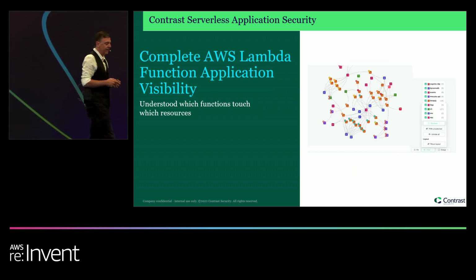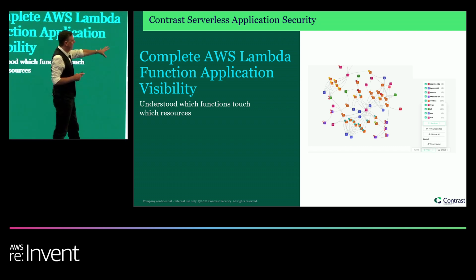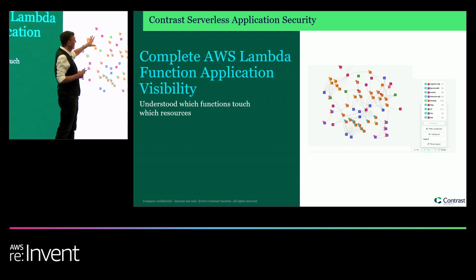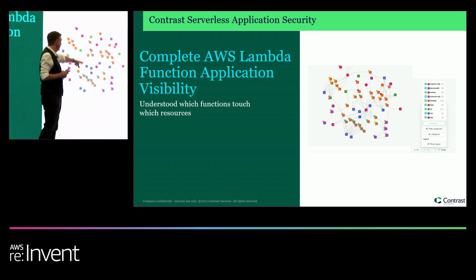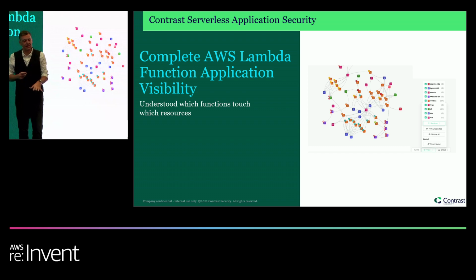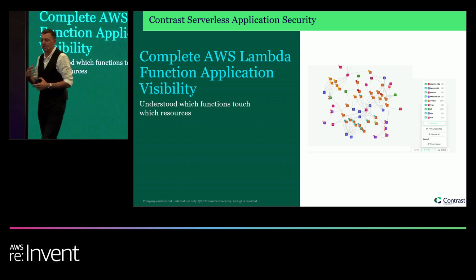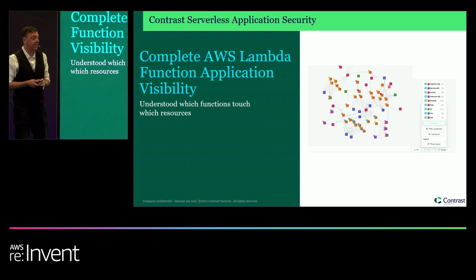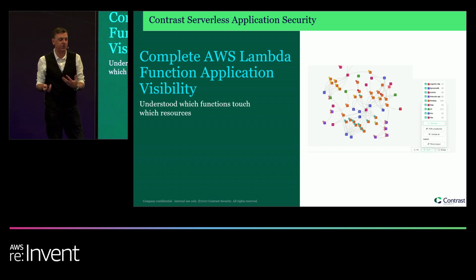So when we look at this here, we can actually give you pictures that look like this, where you see here combinations of your Lambda functions, your data buckets, your database connections, and how those all map together. And that gives you a picture where we can tag vulnerabilities in certain areas, but you might want to then assess how critical is that vulnerability.